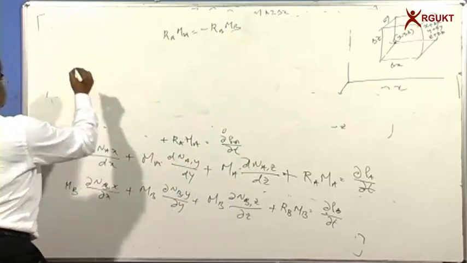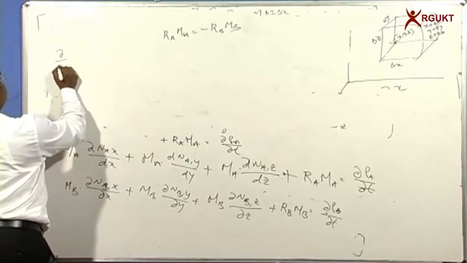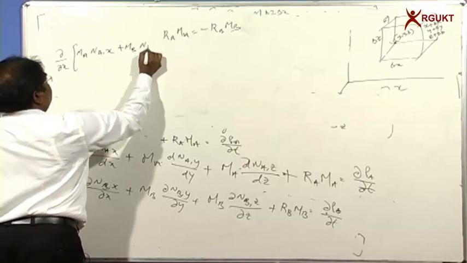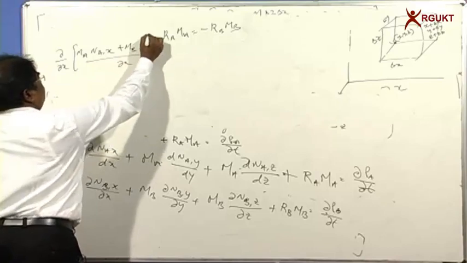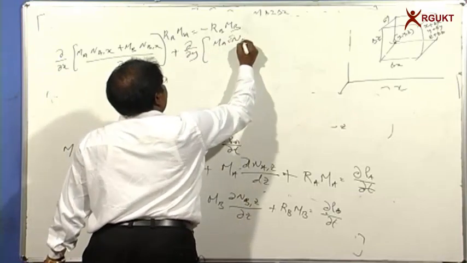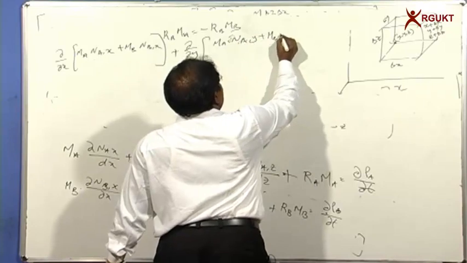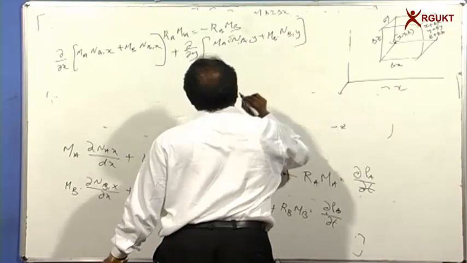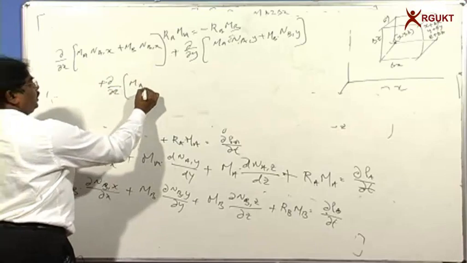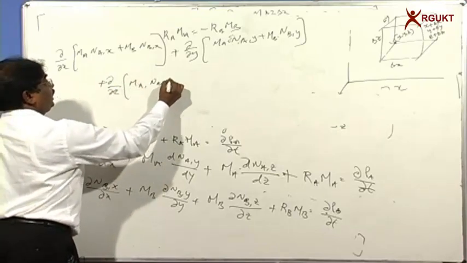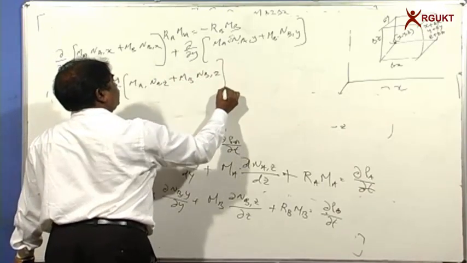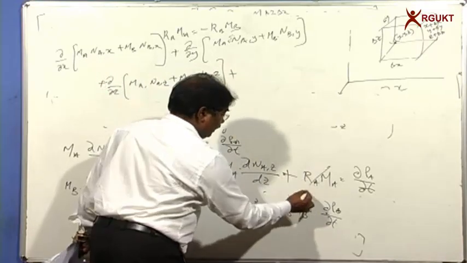And when you add these two equations, this is going to become dou by dou x of MA NAx plus MB NBx, plus dou by dou y of MA NAy plus MB NBy, plus dou by dou z of MA NAz plus MB NBz, plus these two terms are going to be cancelled.